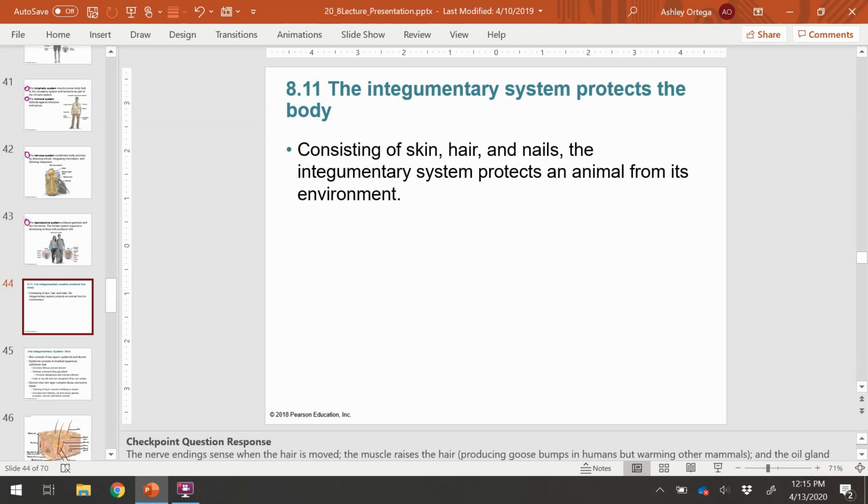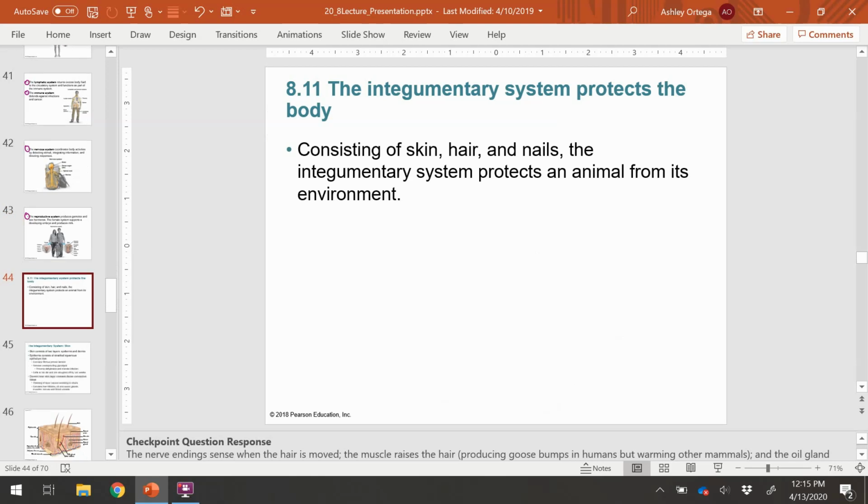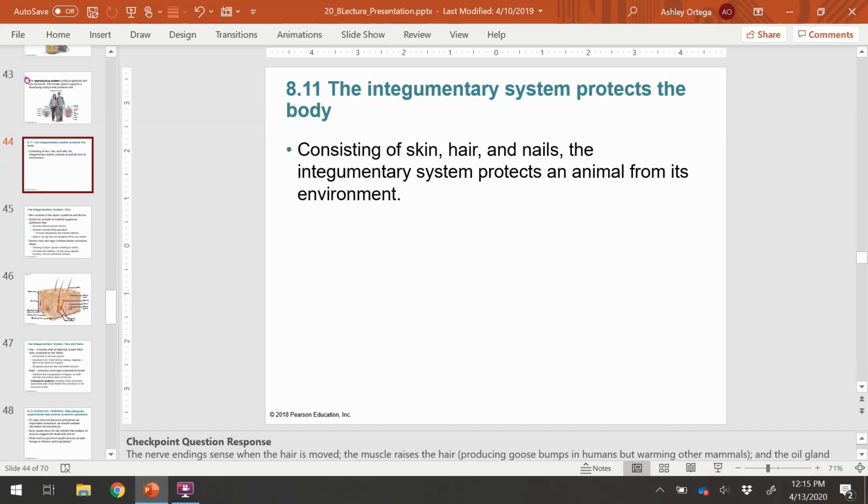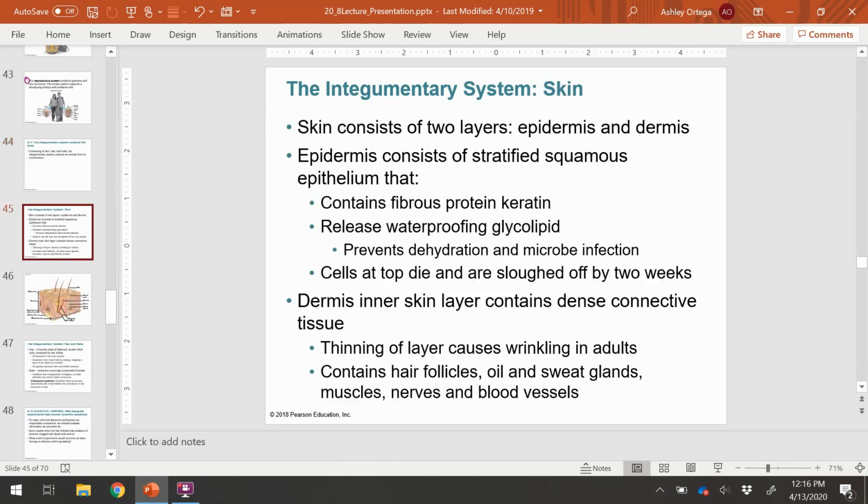And so after we've looked at the different systems, we'll take a closer look at one of those systems, the integumentary system, and how it protects the body. So this system consists of skin, which is an organ, hair and nails, and it helps protect the animal from the environment. The skin itself is made up of two layers, the epidermis, which is the top layer, and then the dermis, which is below that. And so the epidermis is made up of stratified, so many layers of flat-like cells, squamous cells.